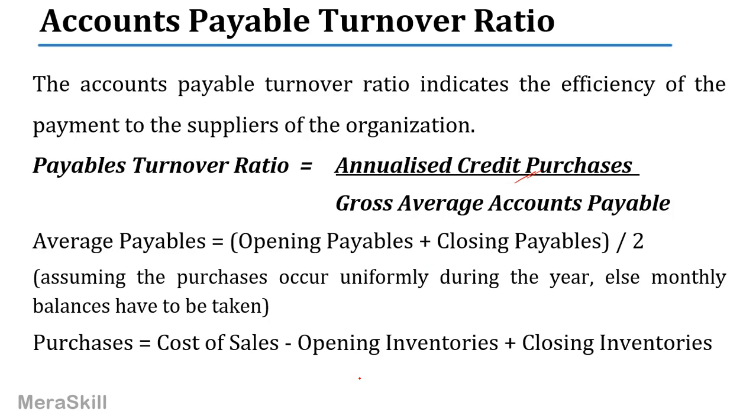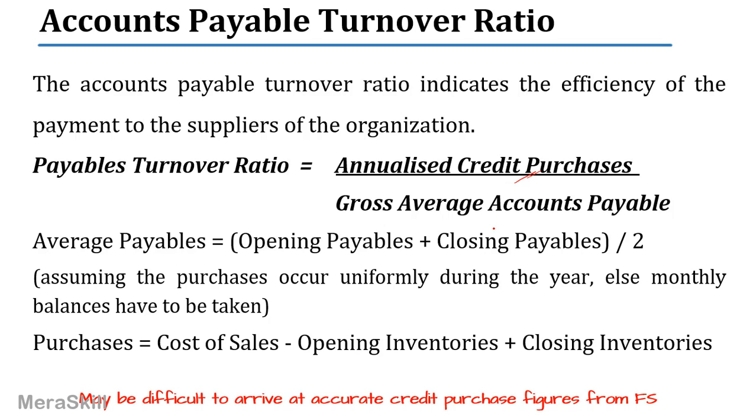Purchase, of course, is cost of sales minus opening inventories plus closing inventories. It may be difficult to ascertain the purchases from the financial statement figures, right? So we may have to take the cost of sales and subtract the opening inventories, add the closing inventories. We get a figure pretty close to the purchases.